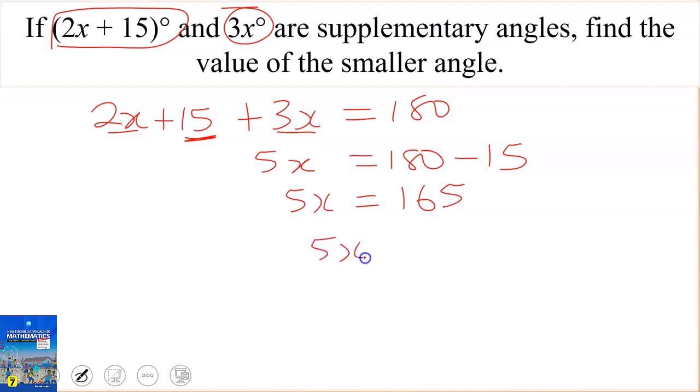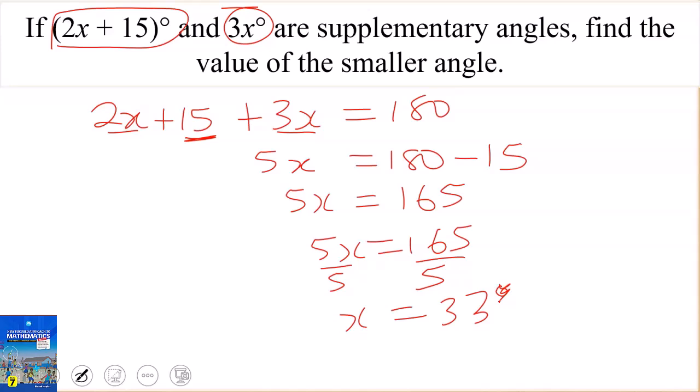So we divide both sides by 5. And our x becomes 165 divided by 5, which is 33 degrees, or let me just say 33, because I don't know whether x is degrees or not, because it's just a value. Now I have my 33.